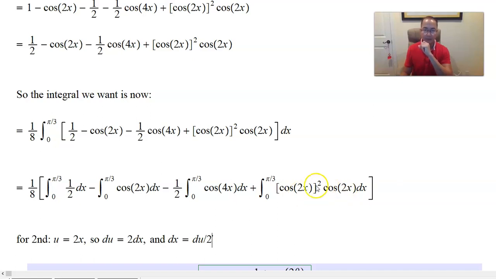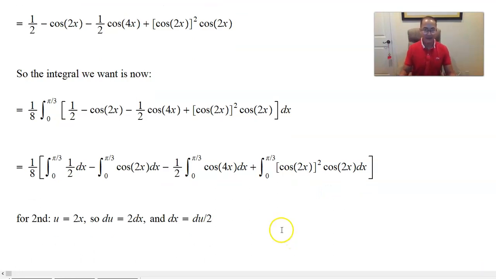So that will be u squared. Oh, I'm sorry. No. We will erase completely my suggestion, because we need something whose differential is cosine 2x. So that will be sine of 2x.